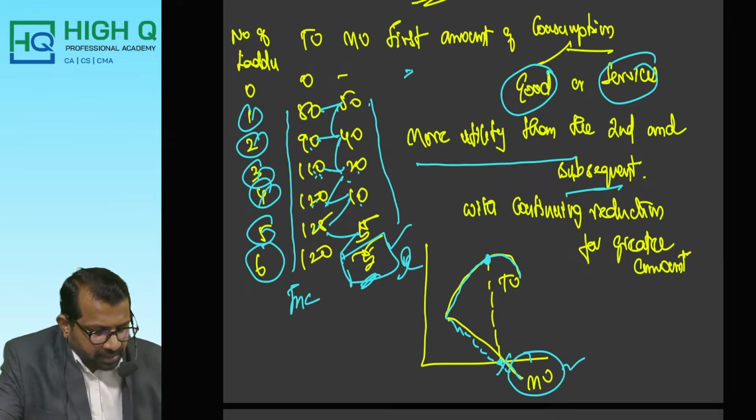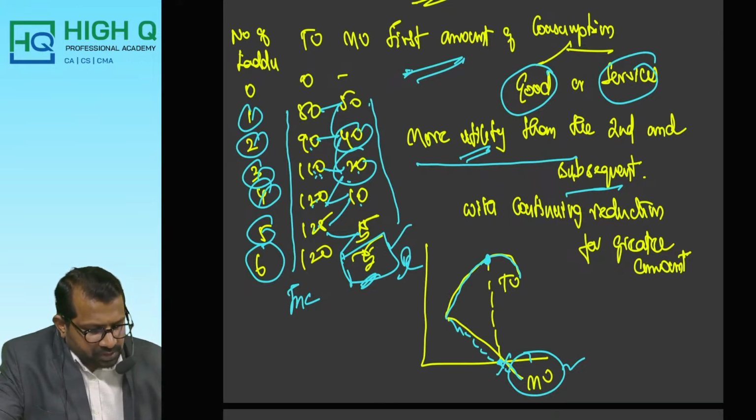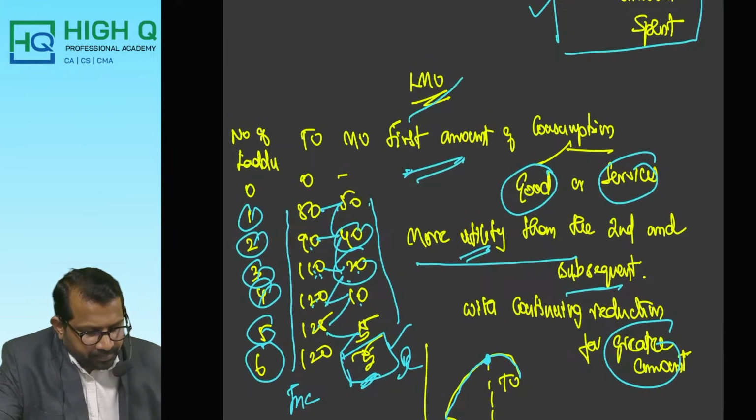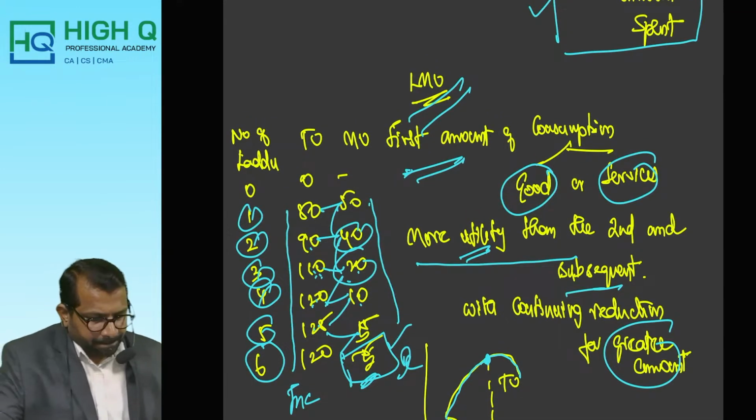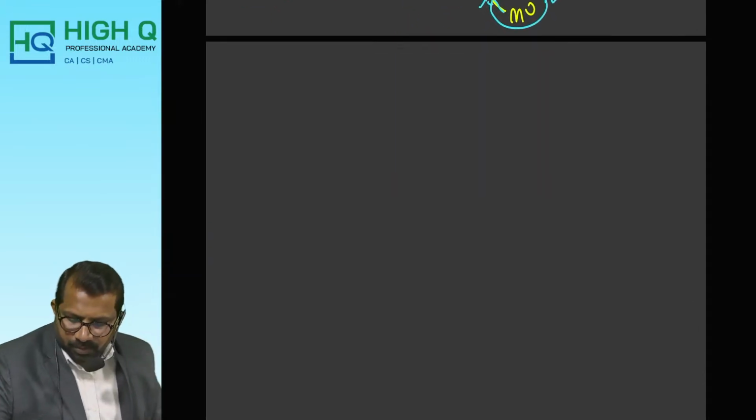So 50 means the first amount of consumption gives more utility than the second and third one. Second and third started to decrease. So always the first one. This process of continuing reduction for greater amounts, which at last becomes negative, is called marginal utility. So consumer surplus and marginal utility we have discussed.